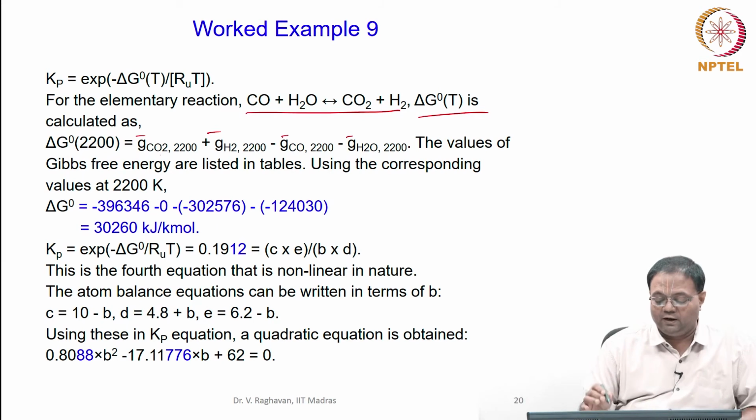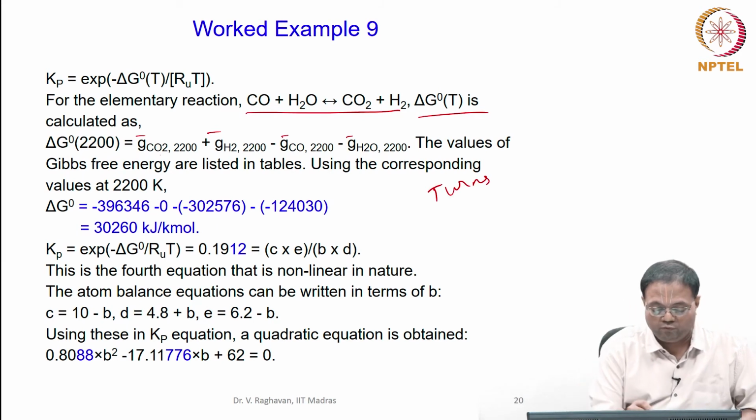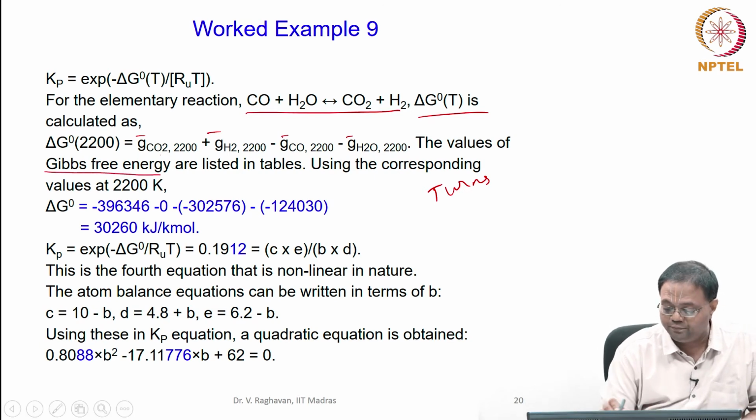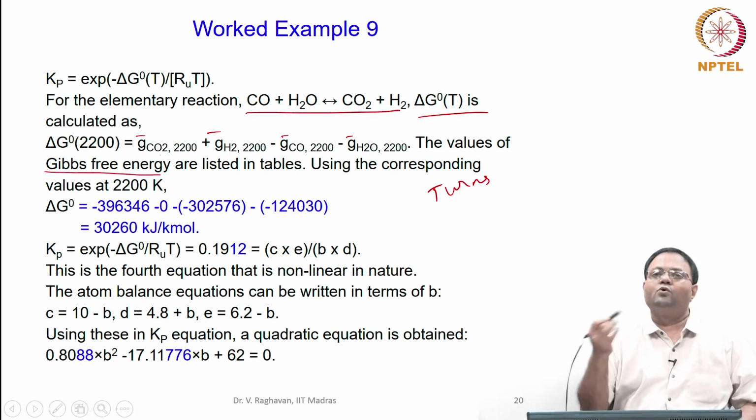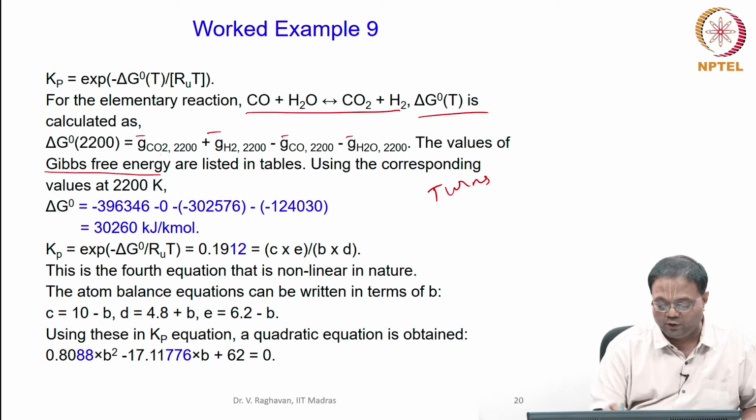Please understand that Stephen Turns' book lists what is called the Gibbs free energy of formation. You can use that, that's not a problem. You can use any table. If you use this table, then you get the values corresponding to this.